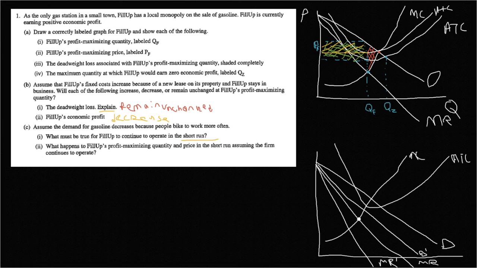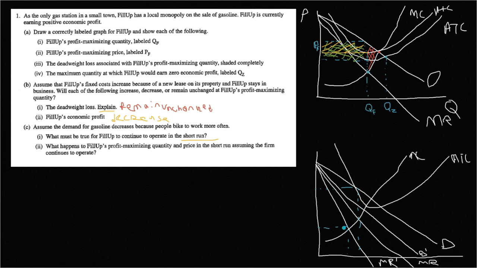So it was here. I'm going to do this in a different color. And now it's gone to this marginal revenue prime curve.